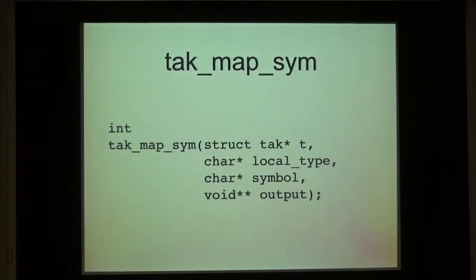It takes an object like a handle, just like in libkvm, and it requests the name of the local type, which can be, for example, the struct my semaphore, as we've seen before, a symbol, which is an instance of the kernel type, and an output where it will allocate all the necessary memory and copy the data. This is the only important function that we'll be talking about and that we'll be using later on.